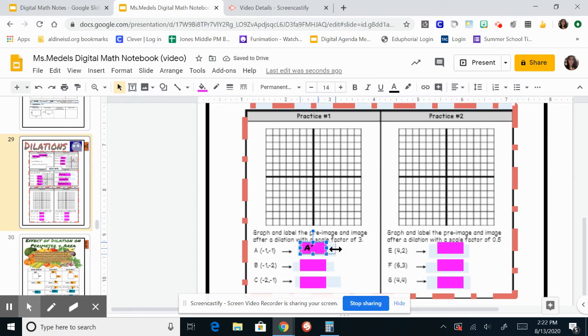When you put that prime notation, that lets me and anybody else know, hey, this is the new one. Because it has this apostrophe, it is the prime notation, or the new one. Also, I would like you to tell me if your figure is going to enlarge, or get bigger, or is it going to reduce? Is it a reduction? Is it going to get smaller?